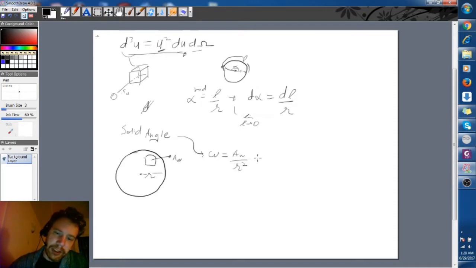And as the limit as a approaches 0, our solid angle subtended will shrink to an infinitesimal volume, and we can express it like this.